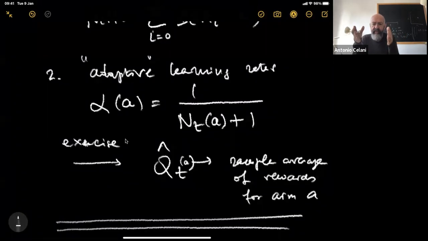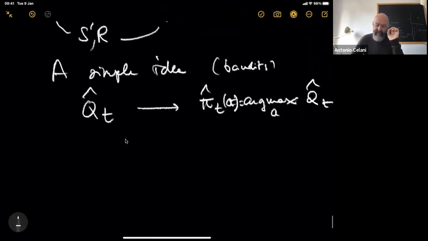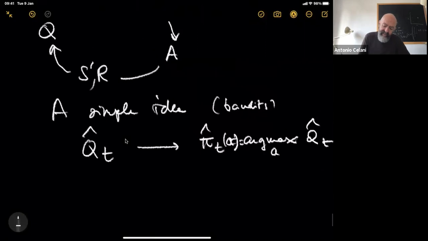And then at each step, based on which one looks better from the viewpoint of the sample average, I will stick to that. This is clearly dangerous. The goal of this part is just to show you how bad this choice is. So a simple idea, but too naive.